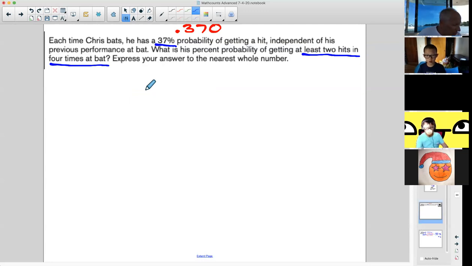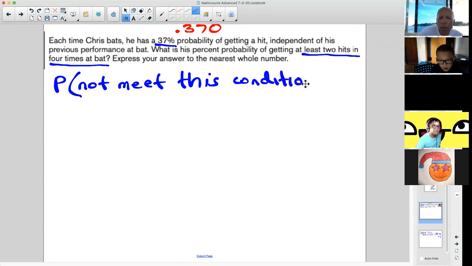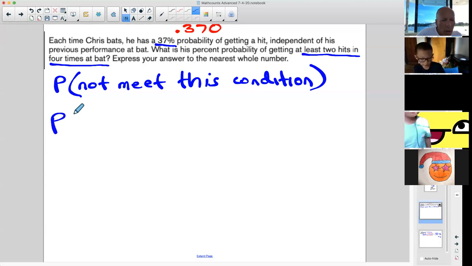I would like for you to find the probability that he does not meet this condition. The condition is that he gets at least 2 hits in 4 times at bat. The opposite of the condition is that he gets 1 hit or none.